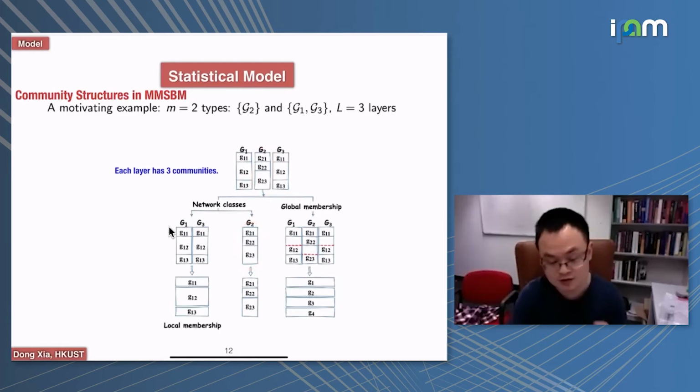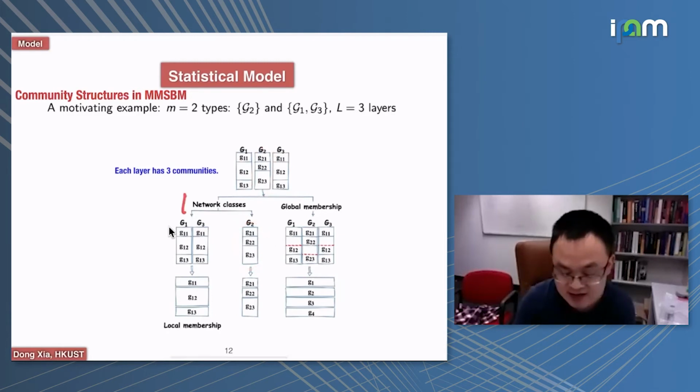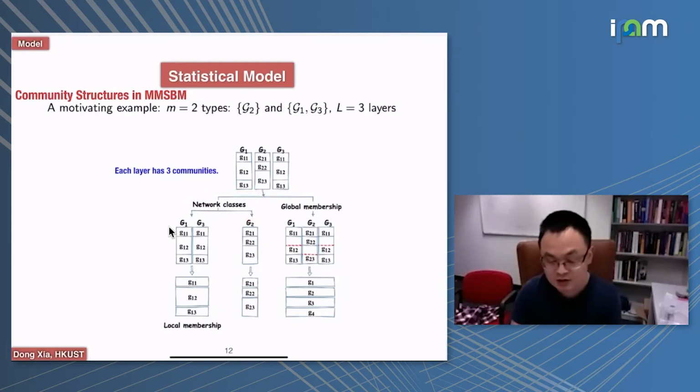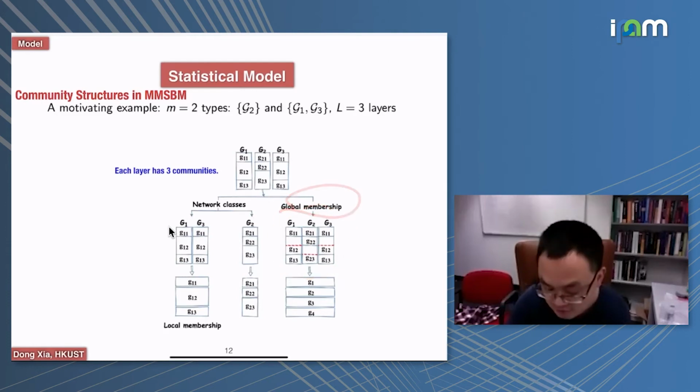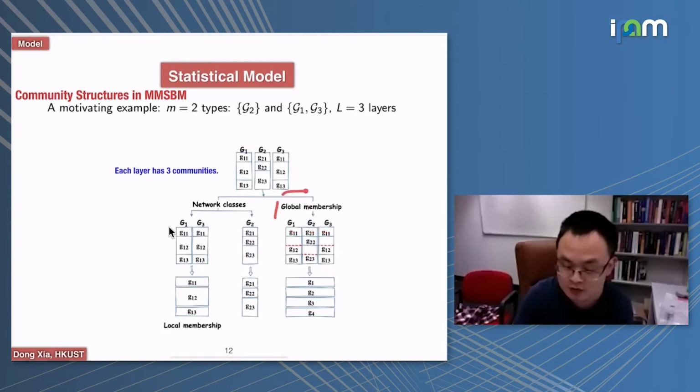So we can first try to identify the network classes. And also, if we put the community assignments all together, then you can see there are 4 different global communities. In other words, the vertices in this group belong to the same community on every layer. In this case, we can define the global communities.